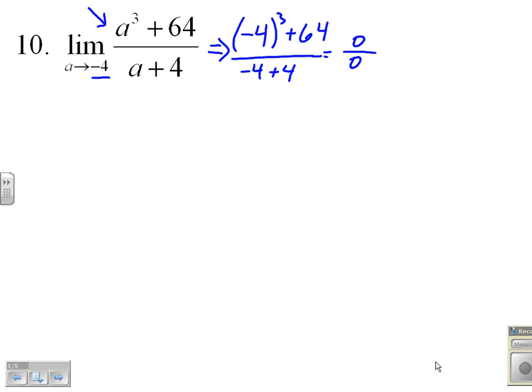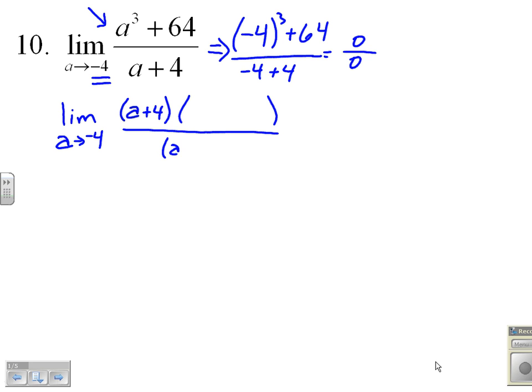The other thing that implies, in a rational expression such as this, where we have a polynomial over a polynomial, is that if -4 is a 0, that means that a plus 4 is a factor. In other words, this could be written as the limit as a approaches -4 of a plus 4 times something on a plus 4 times, in this case, 1 in the denominator.